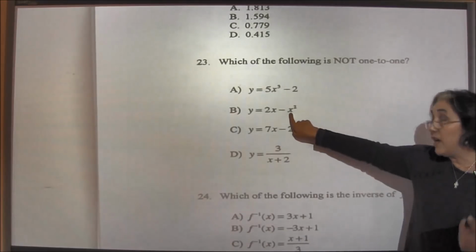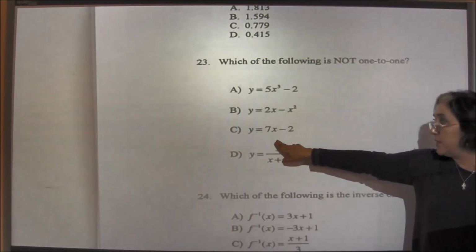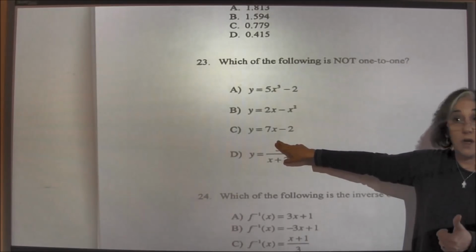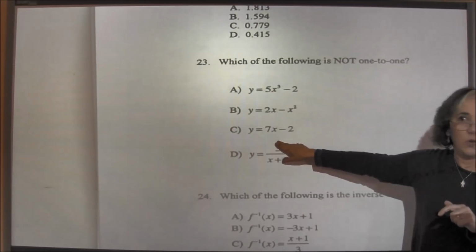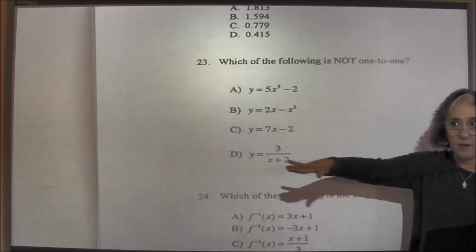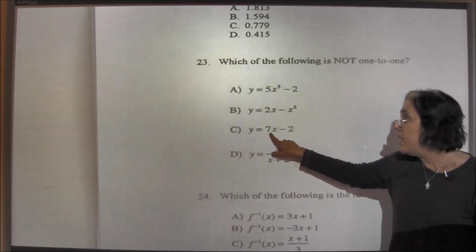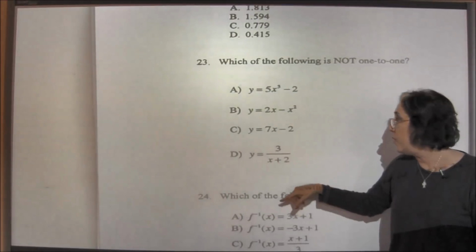So a parabola, see the parabola? Not one-to-one. This is a line. Vertical lines are not functions. Horizontal lines aren't one-to-one, because every x value is paired with the same y value. But slanted lines that aren't vertical or horizontal are going to be one-to-one.